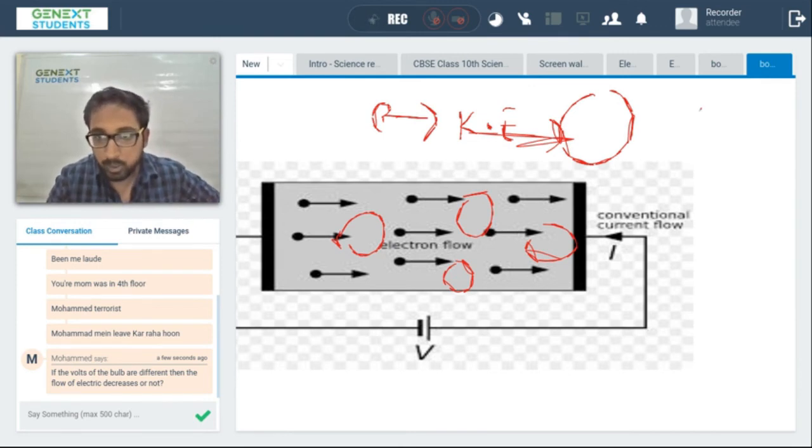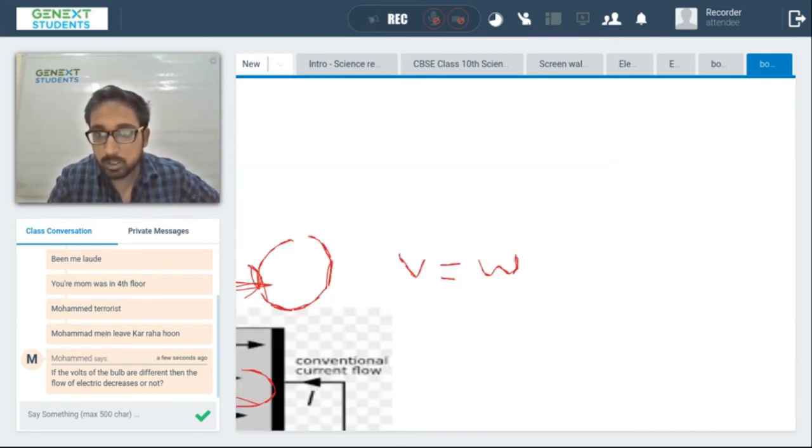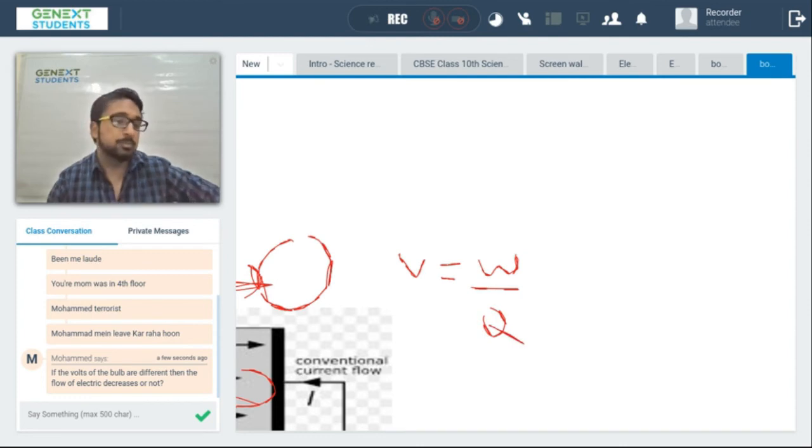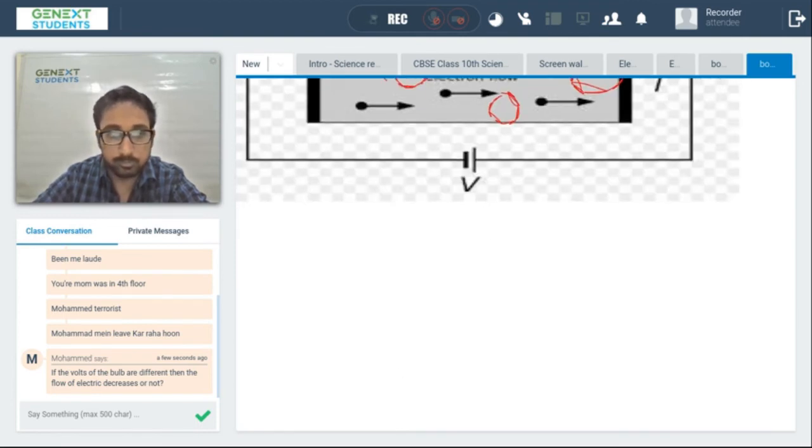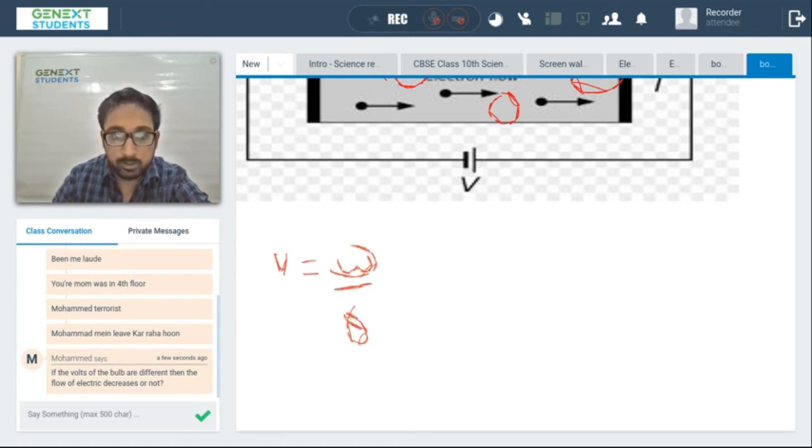Potential is given as work done per unit charge. Do you also know that work done and heat have equal units?